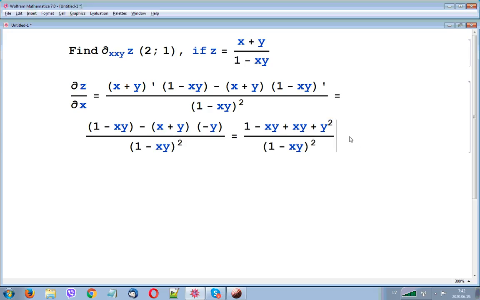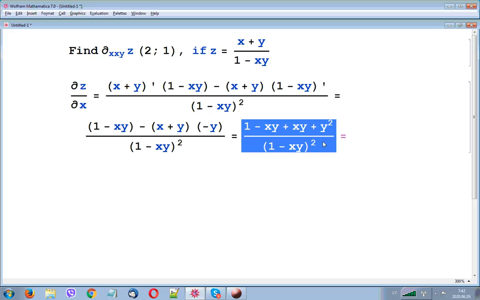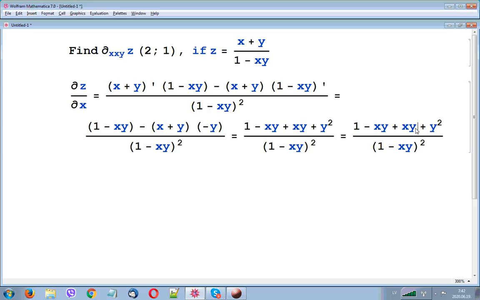And the final result is we copy this, and this one will disappear. So this is the final result. So we have found the first derivative of z by x.